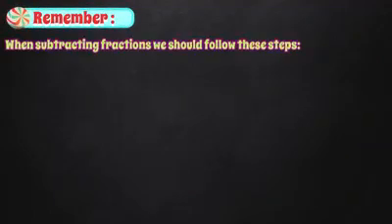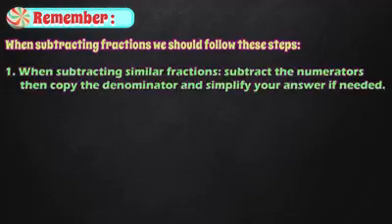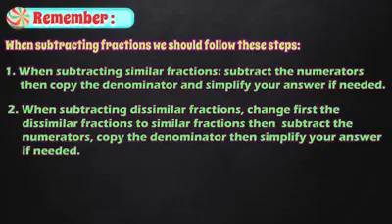Always remember, when subtracting fractions, we should follow these steps. Number 1, when subtracting similar fractions, subtract the numerators, then copy the denominator and simplify your answer if needed. Number 2, when subtracting dissimilar fractions, change first the dissimilar fractions to similar fractions.